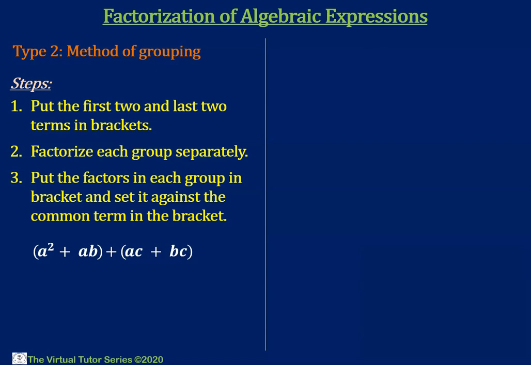The common factor of a square and ab is a. So the first group factorizes into a into bracket a plus b bracket closed. The common factor of AC and BC is C. So the second group factorizes into C into bracket A plus B bracket closed.